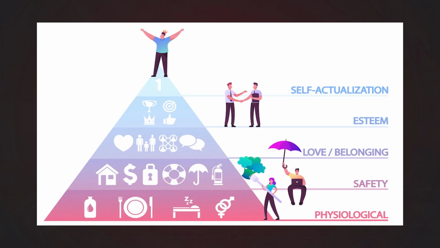Maslow distinguished between lower level needs, that is physiological and safety needs, and higher level needs of love, self-esteem and self-actualization. The theory postulates that once an individual's lower needs are satisfied, his higher needs will be released.